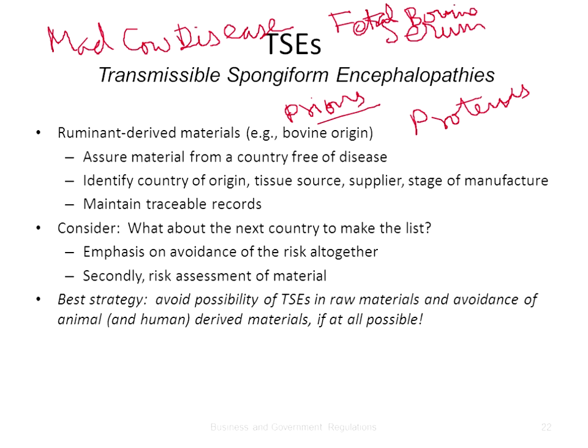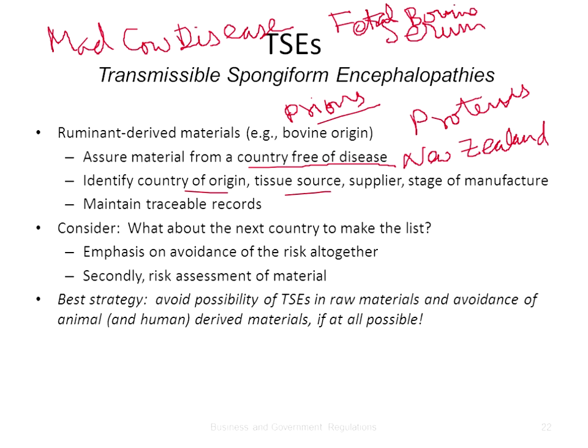And so we have to make sure that the material that we get is from a country free of that disease. So people often source their bovine derived material from New Zealand, for example. I believe it is still free of mad cow disease.